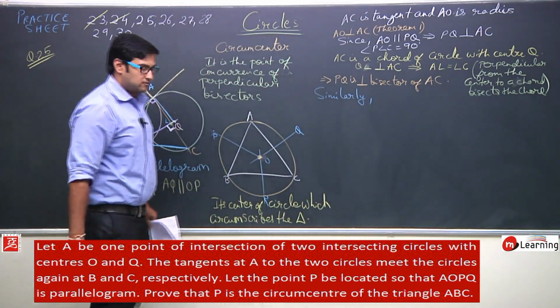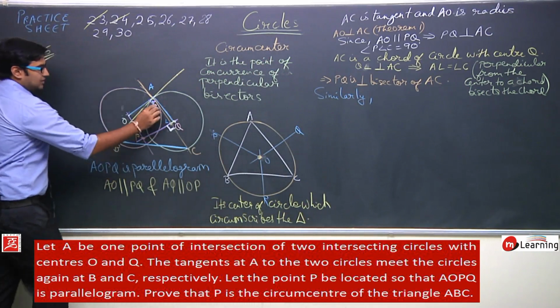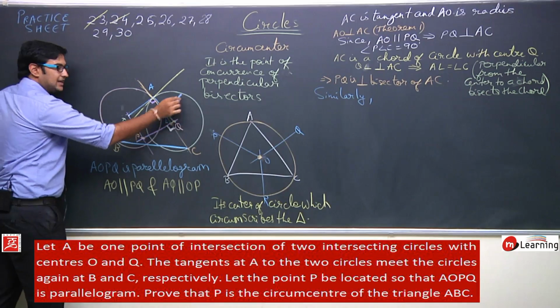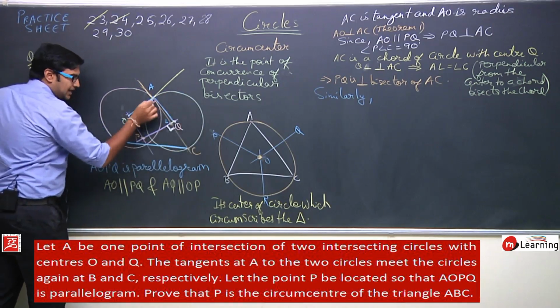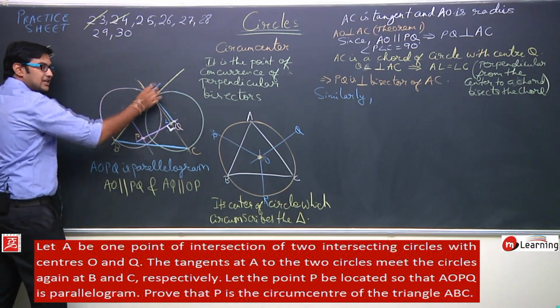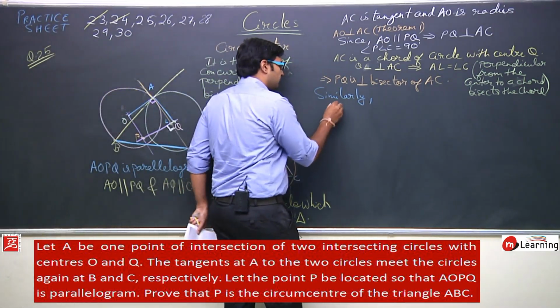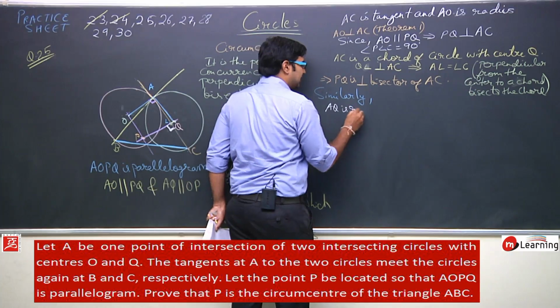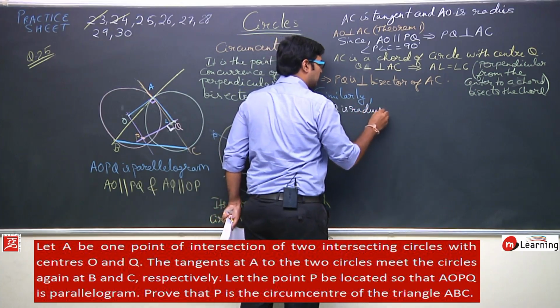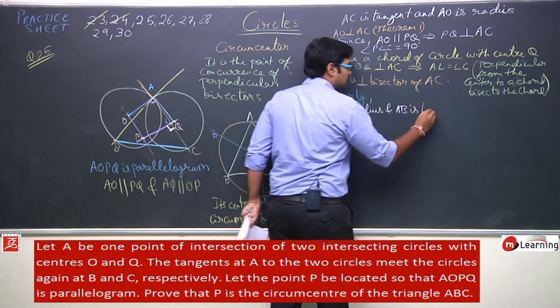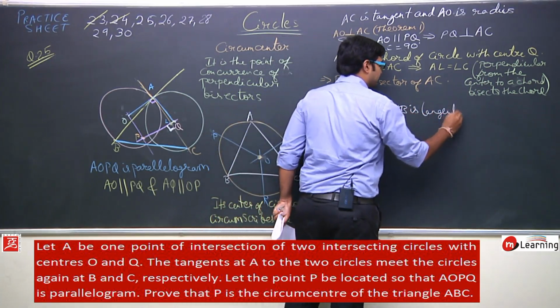Now similarly, if you observe, this line AQ is basically a radius of this circle and AB is a tangent to this circle. So AQ is radius and AB is tangent.